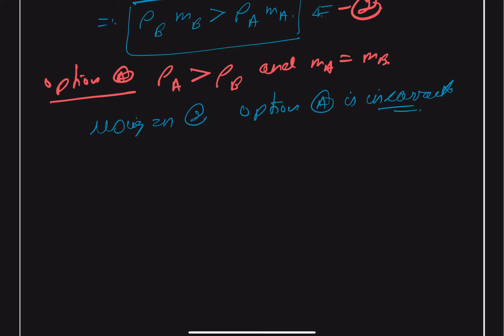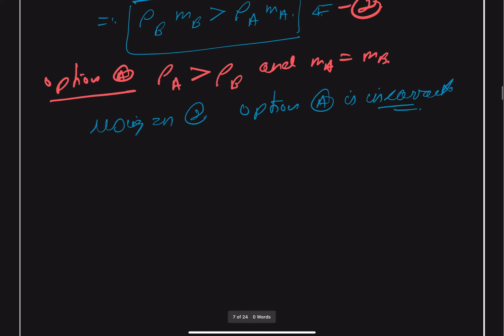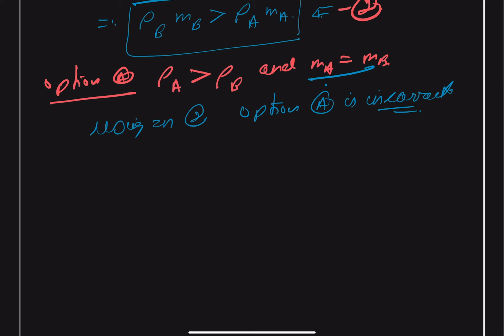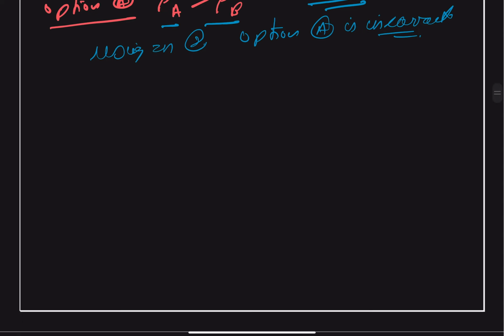Because if we substitute MA is equal to MB in equation number 2, we get rho B is greater than rho A, but here it is given reverse. So option A is incorrect.